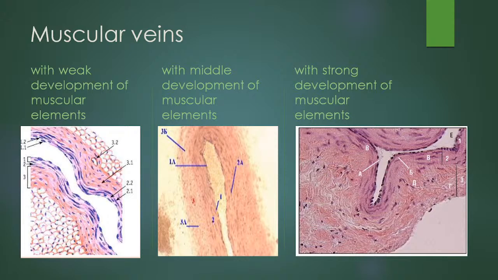Muscular veins with weak development of muscular elements are above the level of the heart, where blood goes passively owing to weight.